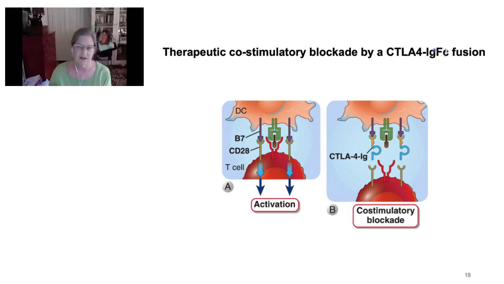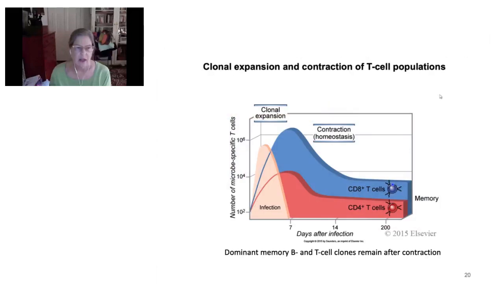IgGs last in the circulation for about 20 days. So this thing will hang around your circulation, bind to B7, block it, and prevent co-stimulation. So that's one way that you can knock back inflammatory responses.